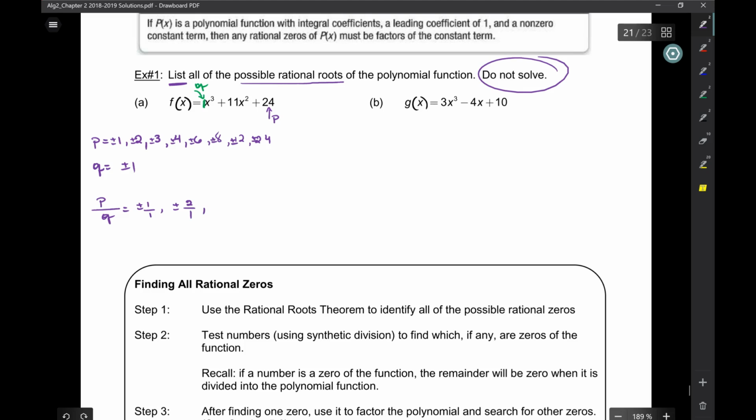Then plus or minus 3 over 1, you just get 3. 4 over 1, you get 4. 6 over 1, 8 over 1, 12, and 24. It's kind of tedious to keep writing the plus or minus, so I'll let you do this. P over Q is equal to plus or minus, and then in parentheses, just put those numbers. How many numbers are on this list?